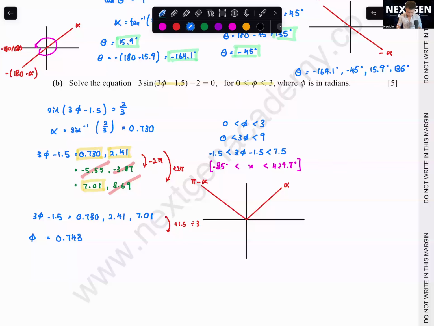Then 2.41, we'll get 1.30. Then 7.01, we'll get 2.84. Do you all get these three values?